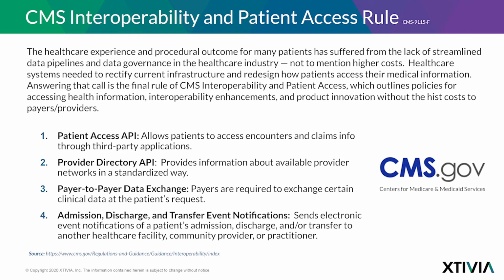The third one is payer-to-payer data exchange. Payers are required to exchange certain clinical data at the patient's request. There's a whole list of clinical data, and each has its own data model, so they're required to do that data exchange, all the while following the standard. And that's the key here, a standardized way.